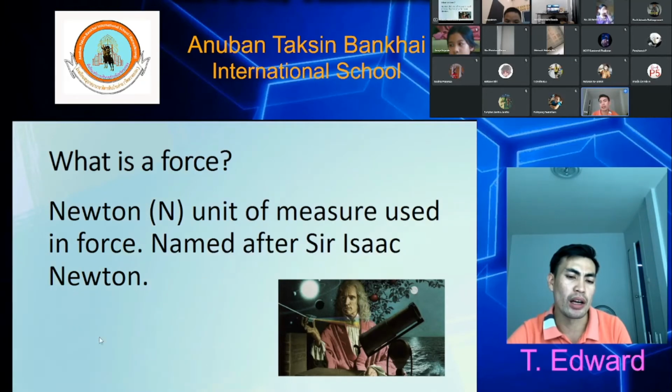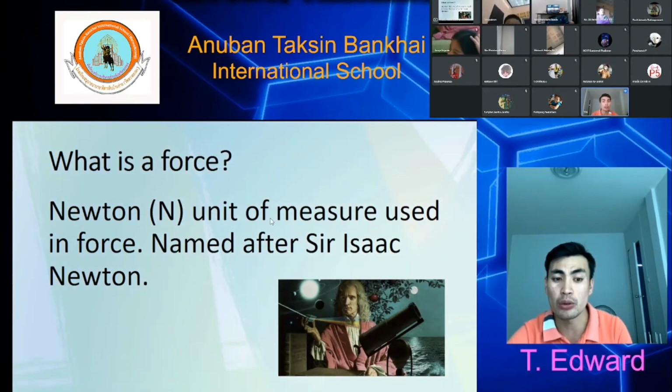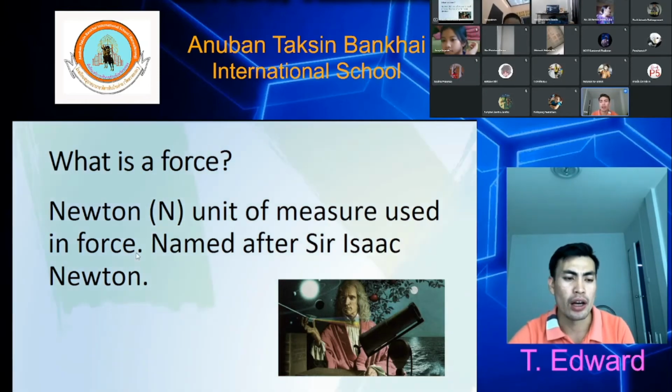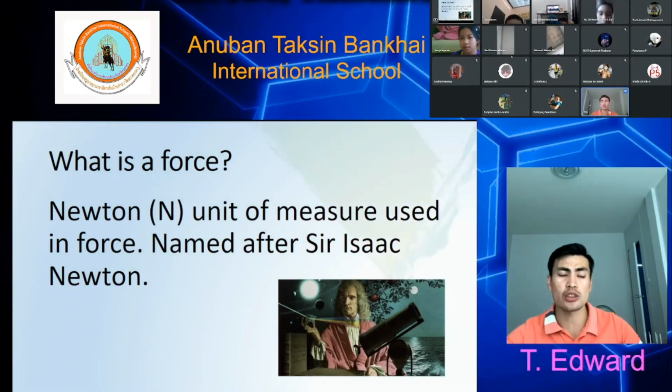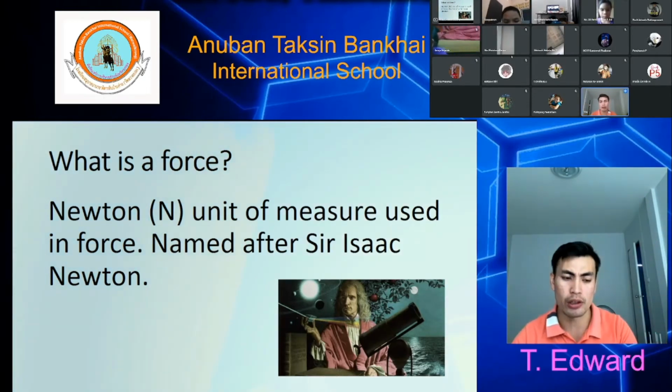He theorized what force is, and the unit used to measure force was named after him. For example, we use grams or kilograms to measure weight. For distance, we use meter and kilometer. So for force, we use Newton, capital letter N. Alright? Now, let's go to the next slide.